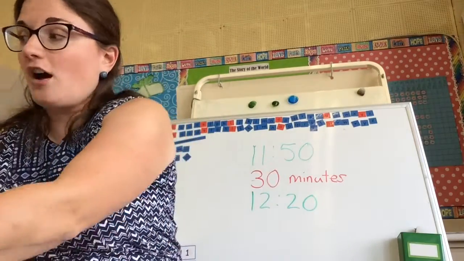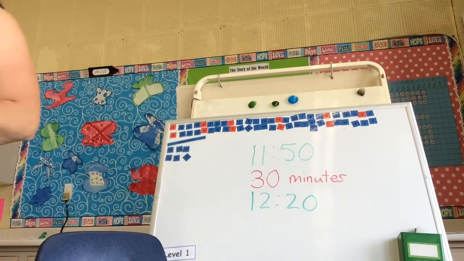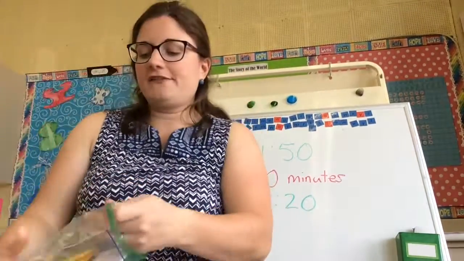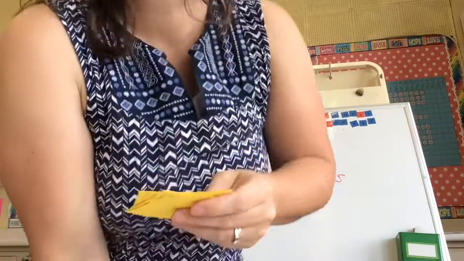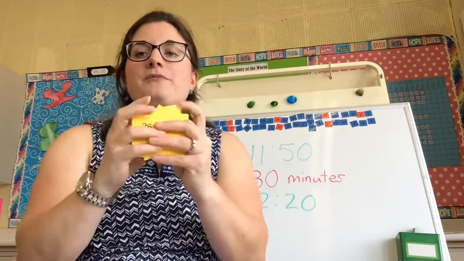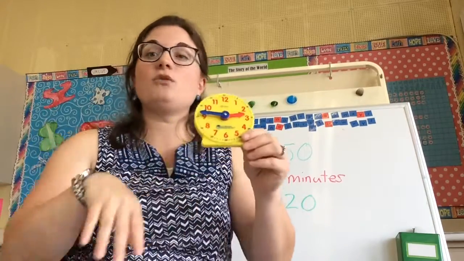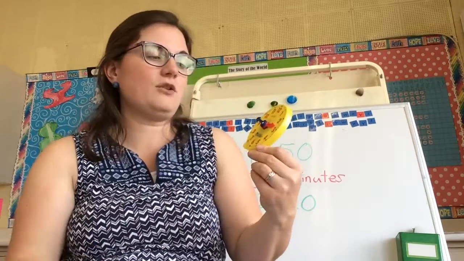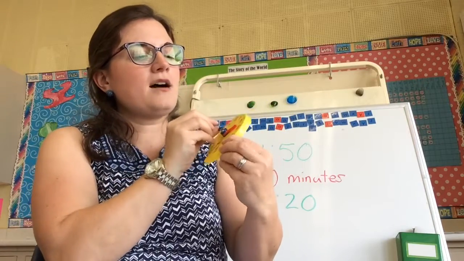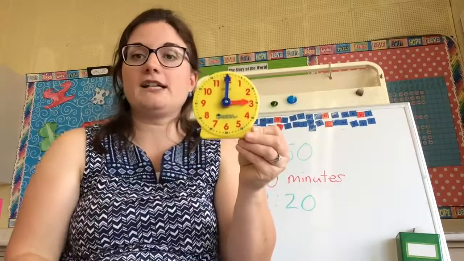I've also given you a game to play. In your package, you should have some yellow cards with some times. You're going to put the cards in a pack face down. You're going to have your clock. You can set it to any time you want. My clock, the first one I'm going to do is 3 o'clock.